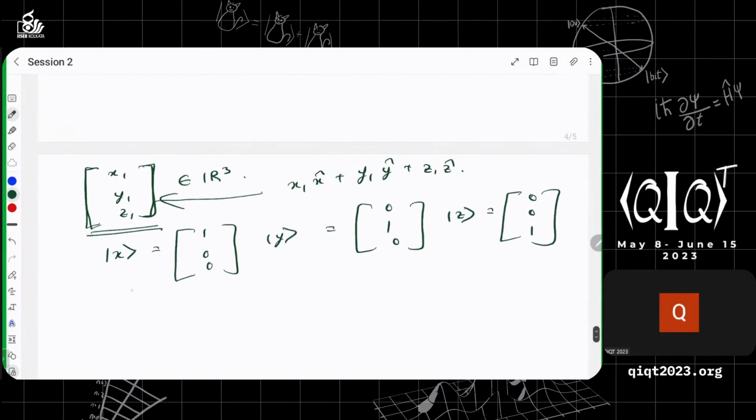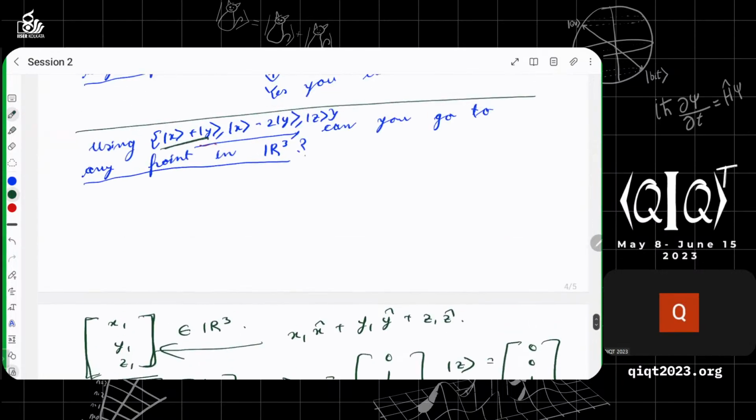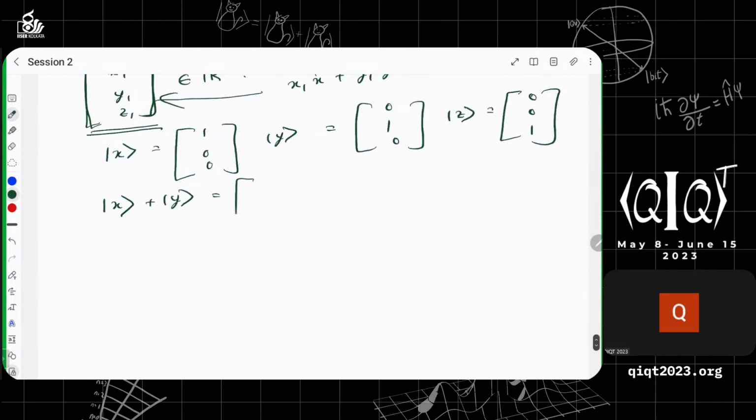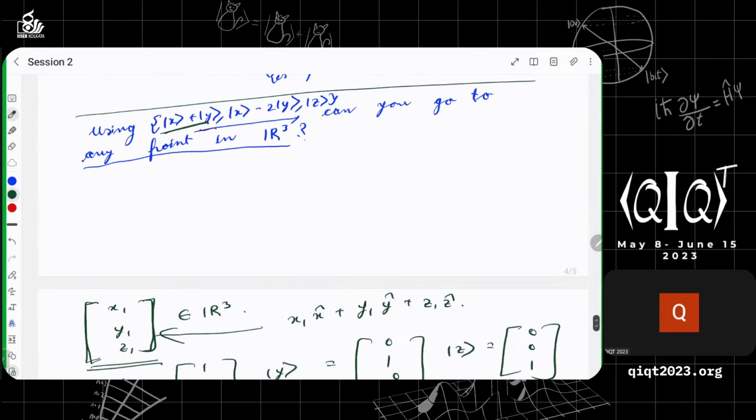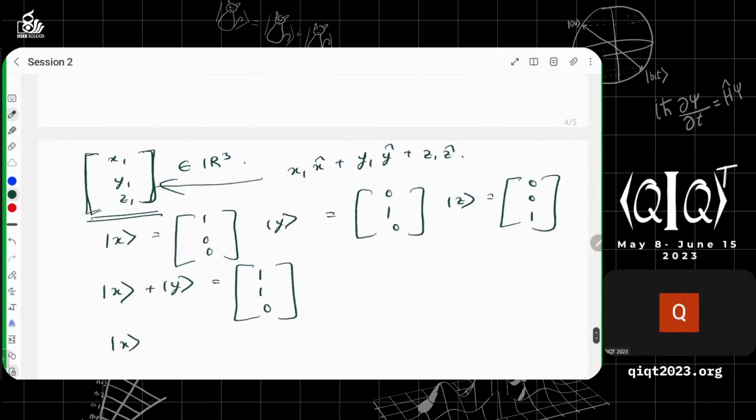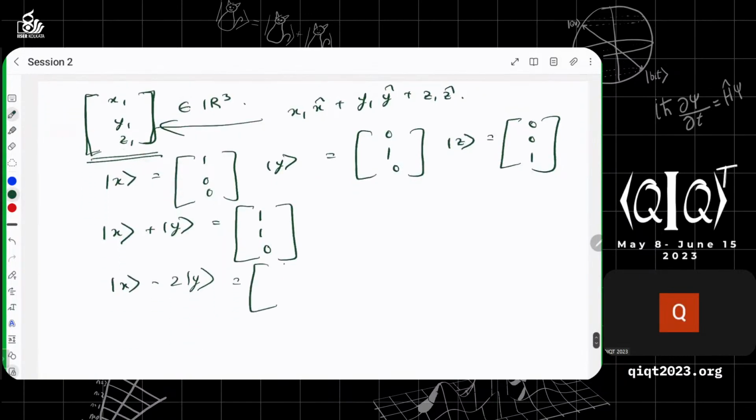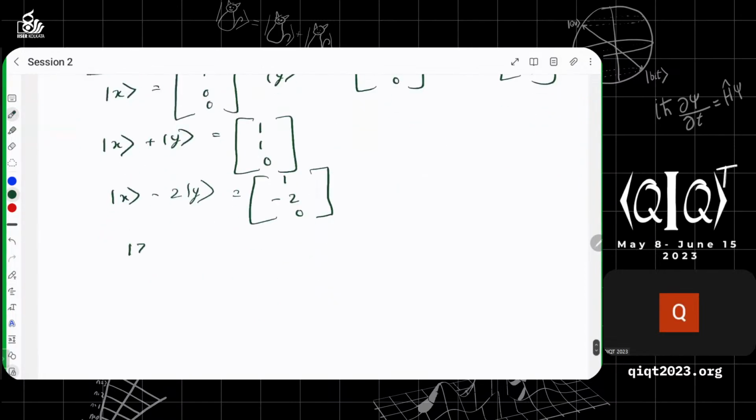And so the three vectors that we have taken are x plus y. This is the first vector. So that would be, if you add these column matrices, 1 1 0, and then if you take x minus 2y, then that would be 1 minus 2 0, and of course the other one is just z, and that is 0 0 1.